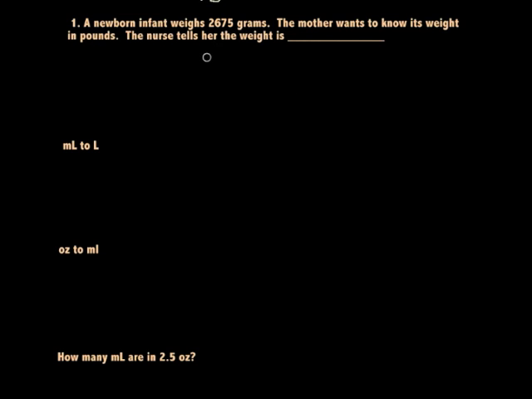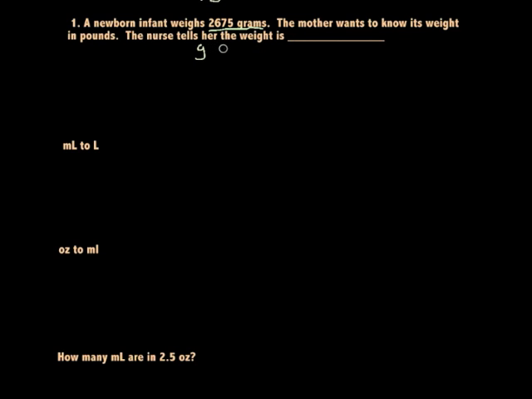So let's start with our roadmap for this problem, because this is going to require a few steps, right? I have my given, which is that this baby weighs 2,675 grams. So I'm starting in grams. I know from grams I'm going to need to go to pounds. Well, I don't know how many grams are in a pound, but I do know how many pounds are in a kilogram.